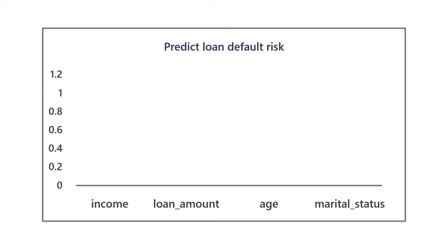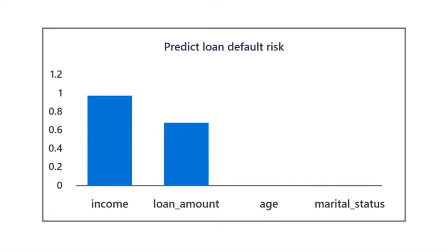An explainer might then use a sufficiently representative test dataset to produce the following global feature importance values: income 0.98, loan amount 0.67, age 0.54, and marital status 0.32.